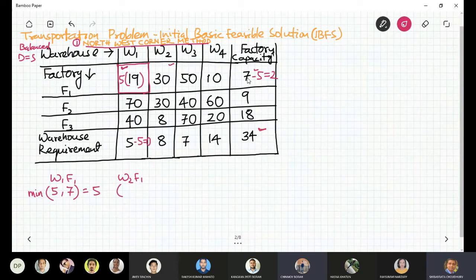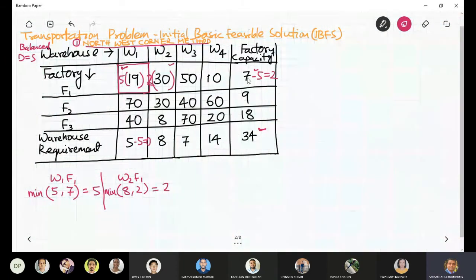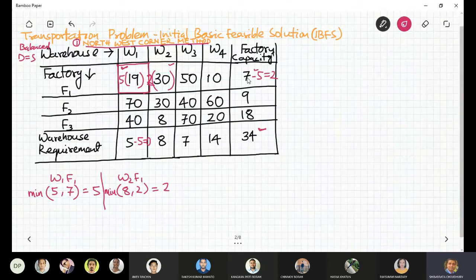And how much is the minimum over here? 8, 2. So we allocate 2. Then this one becomes 2 minus 2, which is 0.